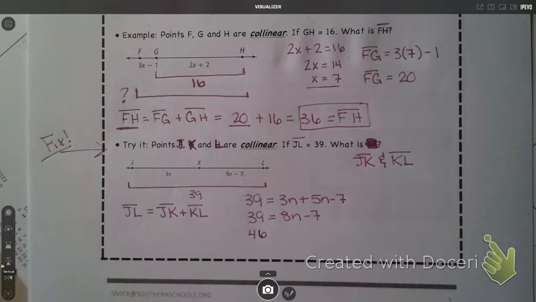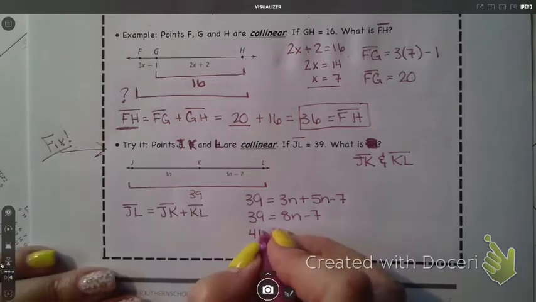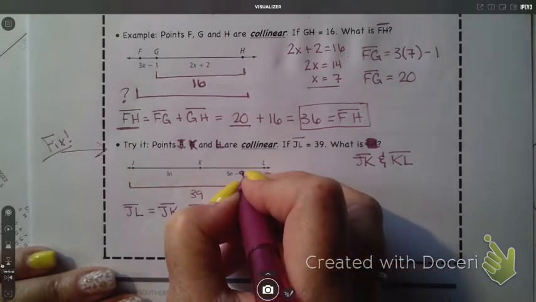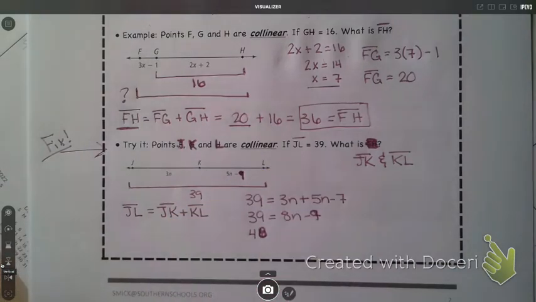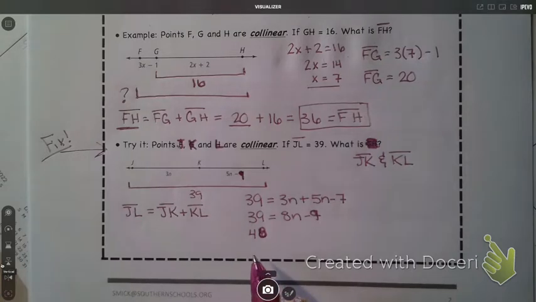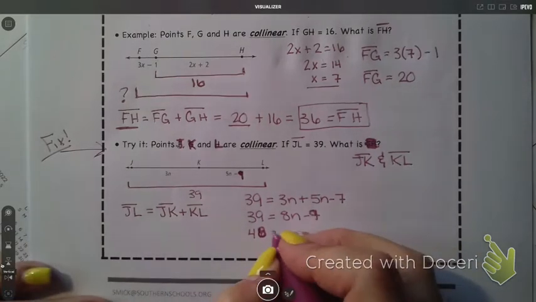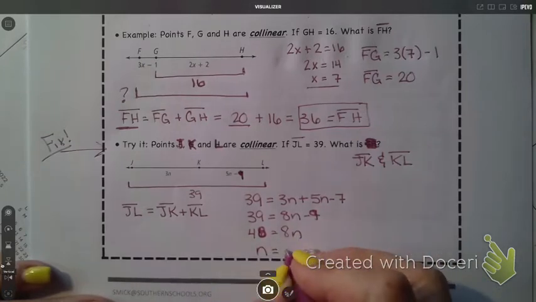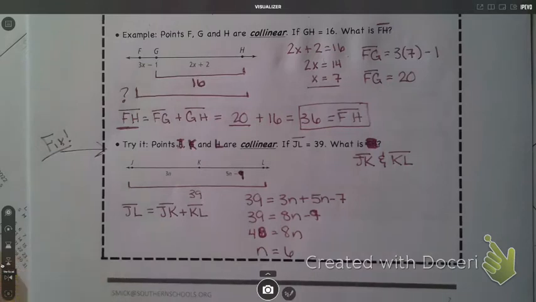I subtracted instead of added. Okay, so if I make that 9, that makes it 48. Yes? Okay. 48 equals 8n. So n is 6.